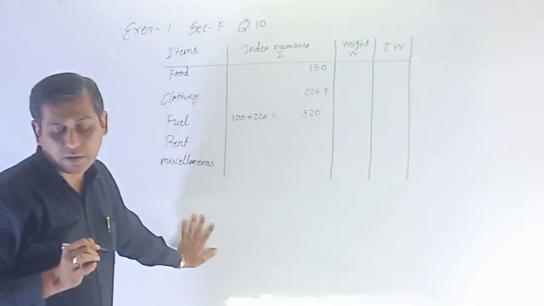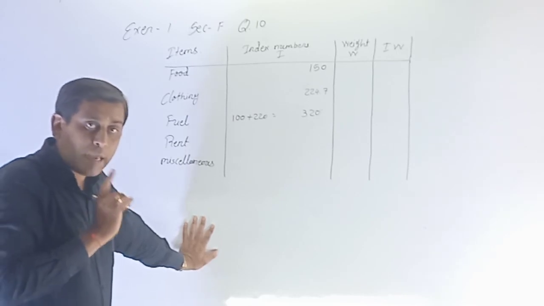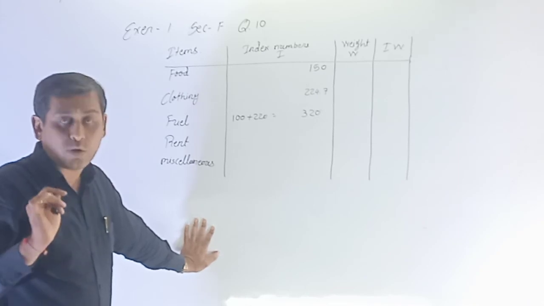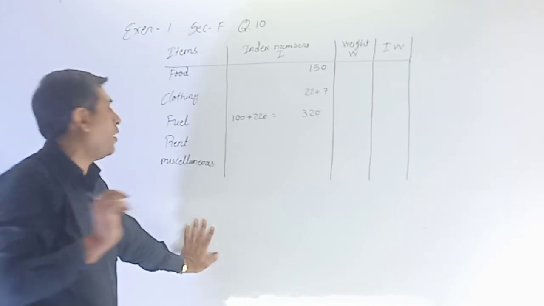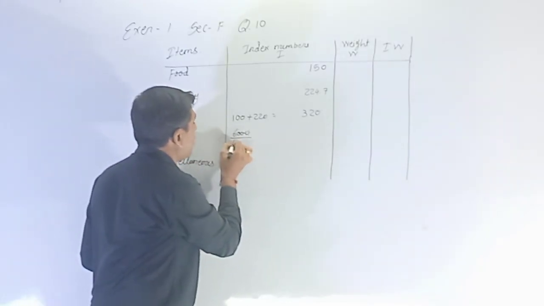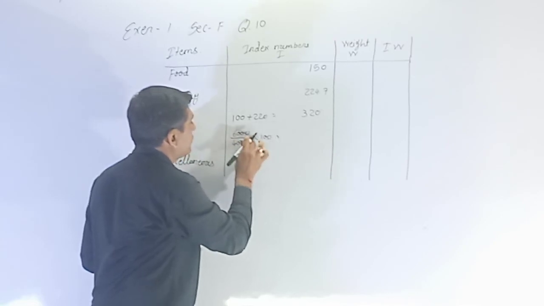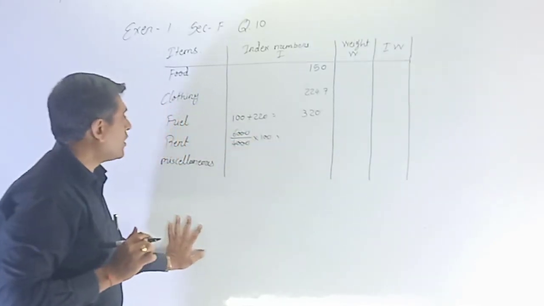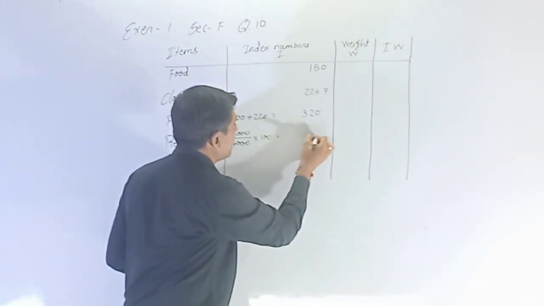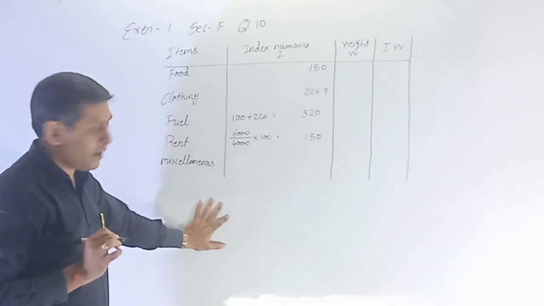Then for rent, 4000 is the price of the base year and 6000 is the price of the current year, and you have to find the index number from that. That's why P1 upon P0 into 100, 6000 divided by 4000 into 100. So your index number for rent is 150.